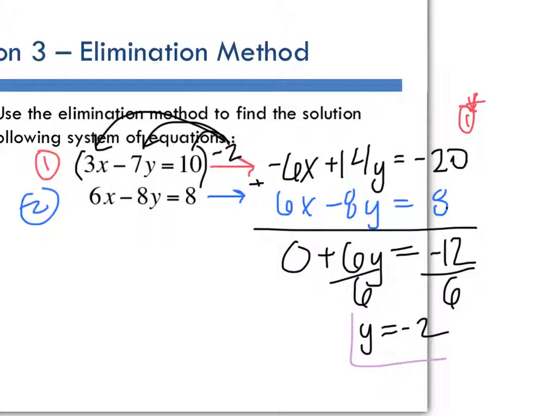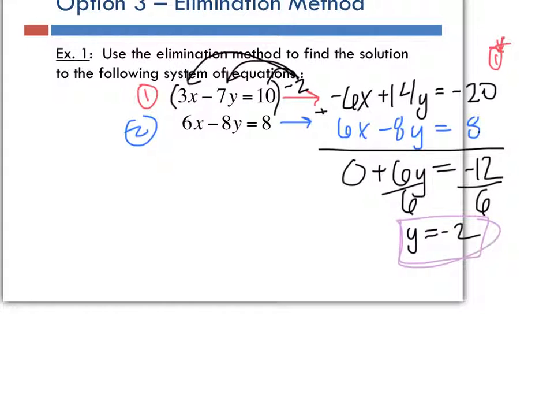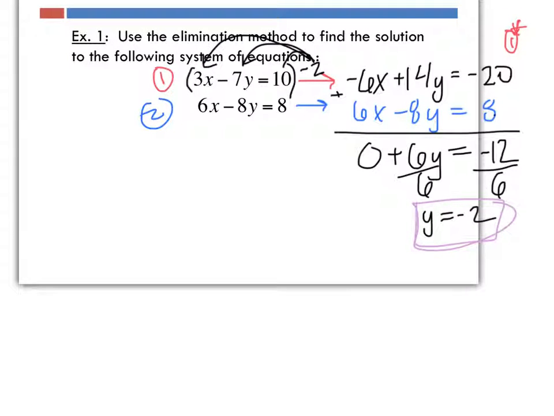We found y. The third step, which is pretty much what we've been doing in all the other ones, is to substitute it back into one of the original equations. To make this an easy problem, I'm going to put it into the first one. Remember, you always want to use the original equation, which is 3x minus 7y equals 10.